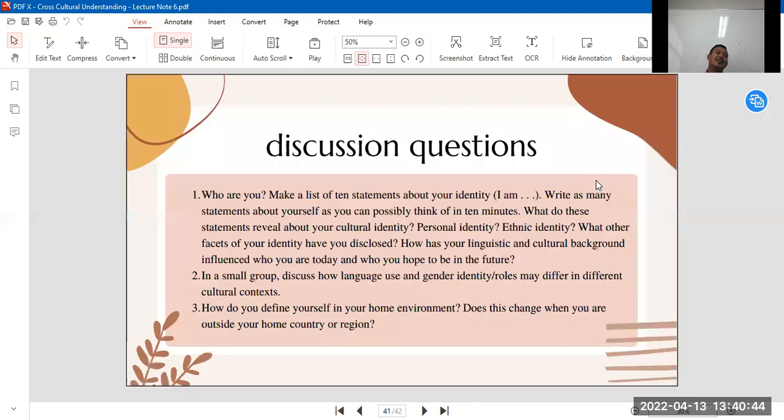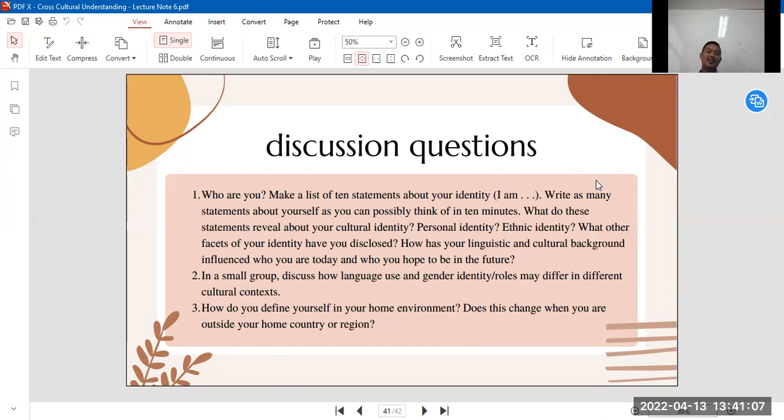That is the fantasy identities. Now we have come to the end of this course. And we have talked about the identities. We have talked about different characteristics of the identities, many types of the identities. Now the discussion questions. Please, you may write and you may discuss with your friends. Number one, who are you?